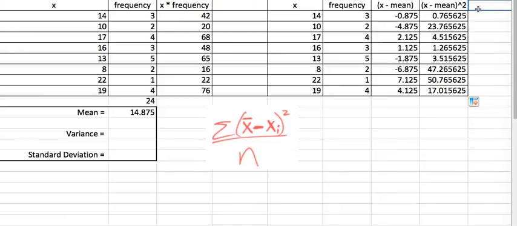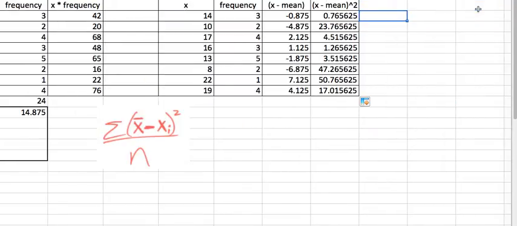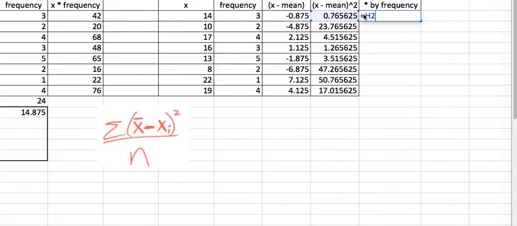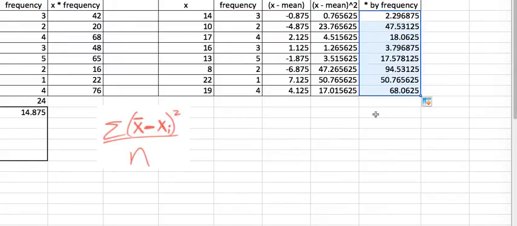So now what we need to do is multiply this x minus the mean squared by the frequency, okay? So I am taking this times the 3, because there's 3 of them, all right? And I'm going to do this 27.76 times the 2. And so on for all of these scores.